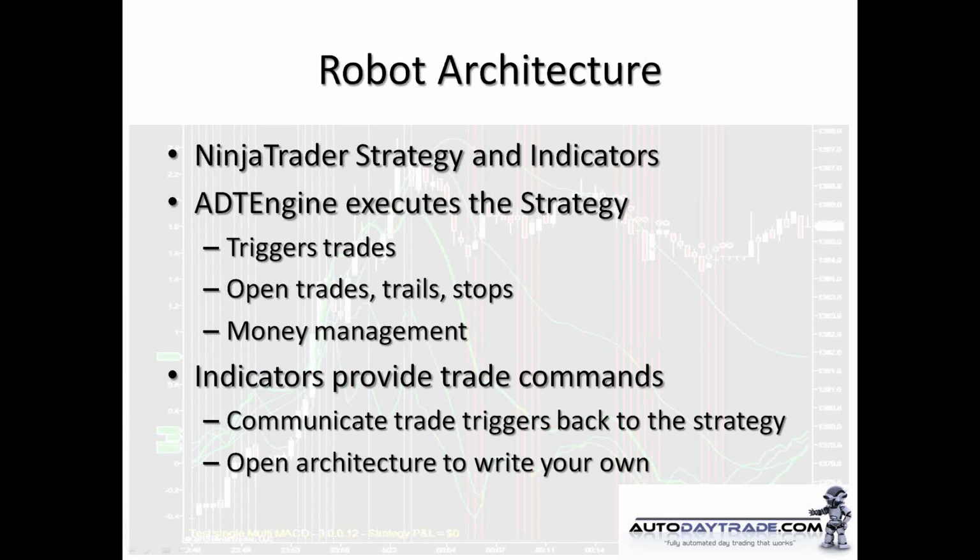We extend the idea of an indicator as well as a strategy, using features of C# and .NET 4.0 to add security, inter-process communication, web service access, and so forth. Our ADT engine loads into NinjaTrader as a strategy. Then you load the strategy settings that define the robot you're currently working on. So ADT engine executes the strategy. It triggers trades, manages open trades, trails, and stops, and handles money management.